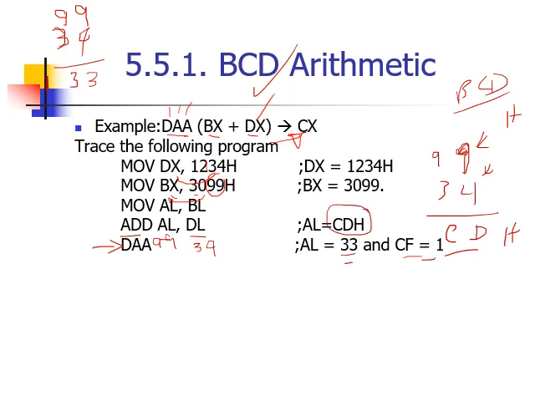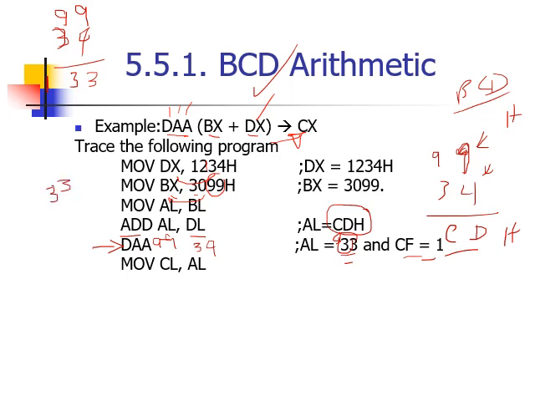So this is adjusted to look like this. You have to adjust your added numbers after addition to convert them to binary coded decimal. Then move AL to CL. This is what CL contains now.